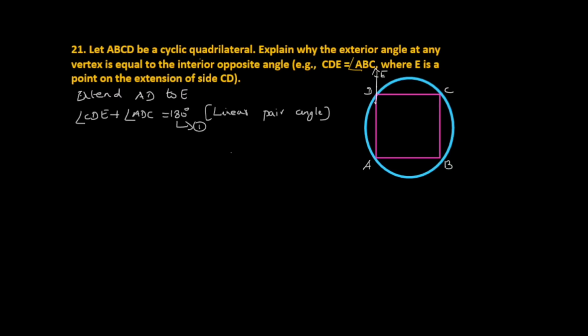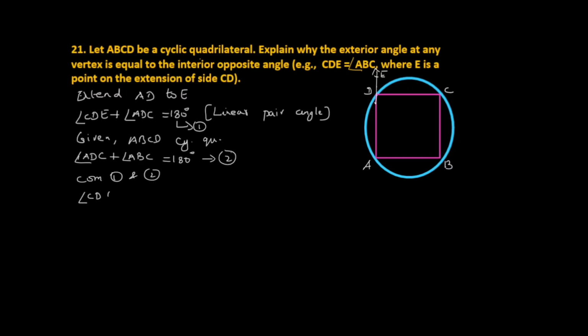Say this is equation 1. And given ABCD is a cyclic quadrilateral, by the property of its angles, opposite angles are supplementary, with angle sum 180 degrees. So angle ADC plus angle ABC is equal to 180 degrees. Say this is the second equation. Comparing 1 and 2, the right-hand side of both equations is 180 degrees.